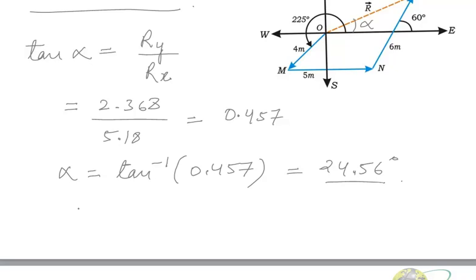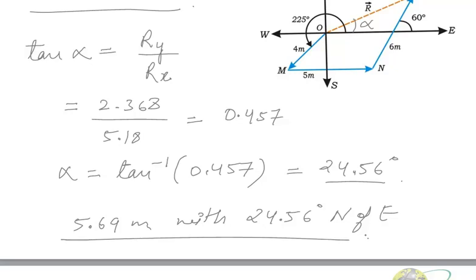So the final displacement vector can be written as having a magnitude of 5.69 meters with a direction of 24.56 degrees north of east. Okay, so this is the final displacement vector. This magnitude is 5.69 and this angle alpha is 24.56 degrees.